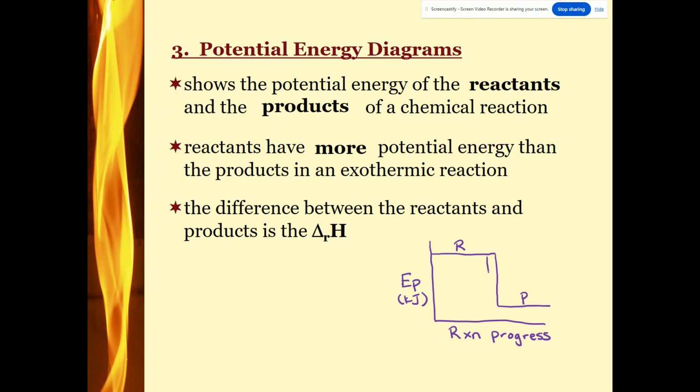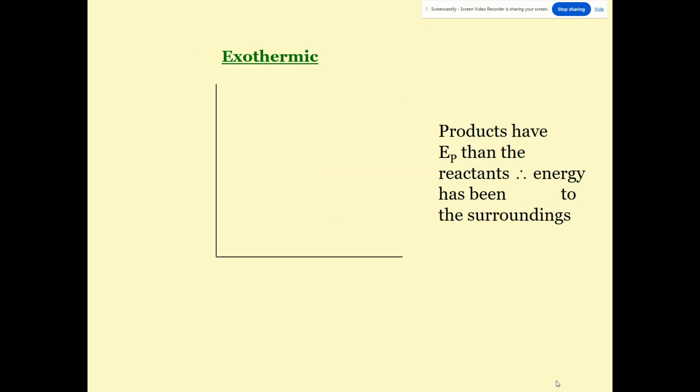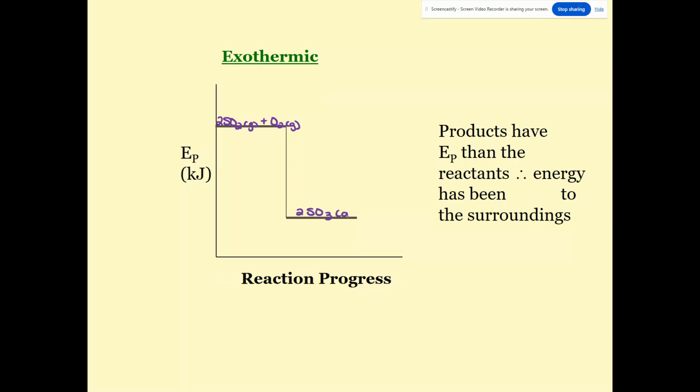So notice again, this is a downward trend taking place. So what's happening is the system is losing energy. The energy is decreasing. If we were to look specifically at the example that we just did, where we had sulfur dioxide reacting with oxygen, and it was producing sulfur trioxide, whenever you draw a potential energy diagram, you could put the specific reactants and products in there.